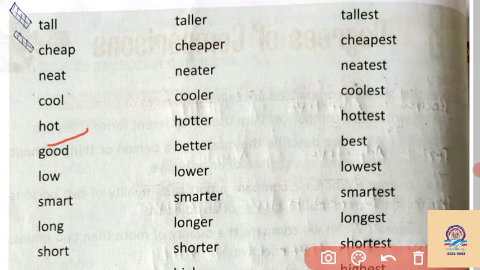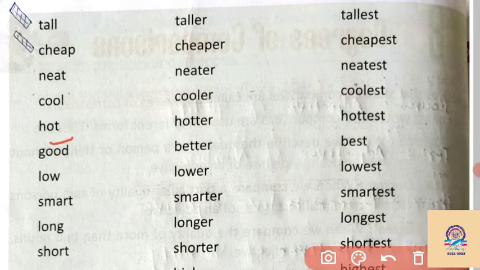Suppose the last letter is a consonant and before the consonant we have the vowel o. The last letter is a consonant and before it we have a vowel, so we have to double the last consonant.